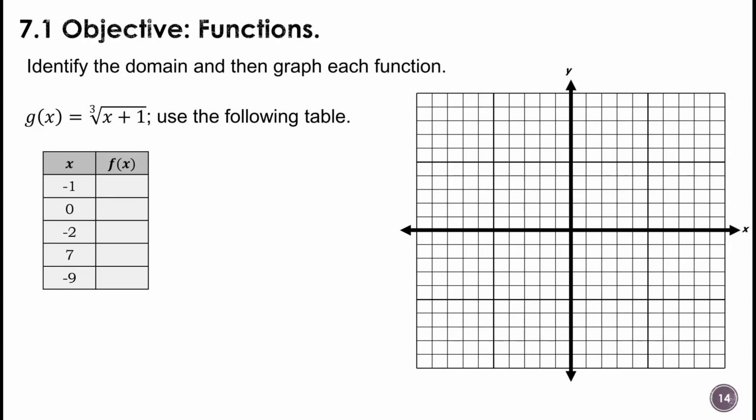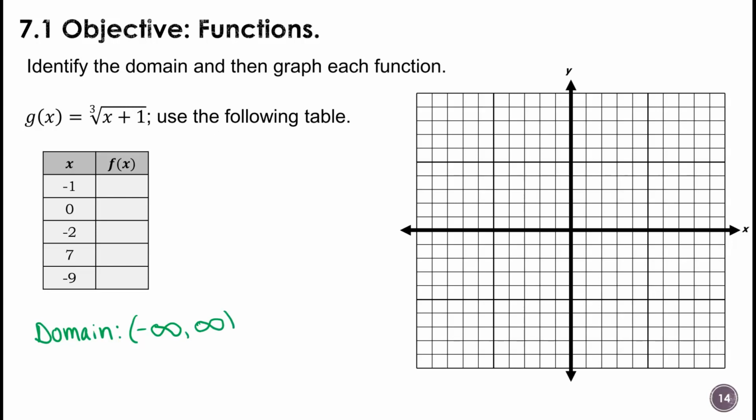And then on the last one, I gave you some choices so that you would come up with some nice numbers to take the cube root of. But let's talk about the domain. The domain in this case is negative infinity to positive infinity.